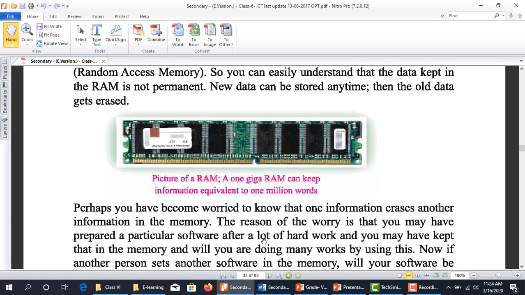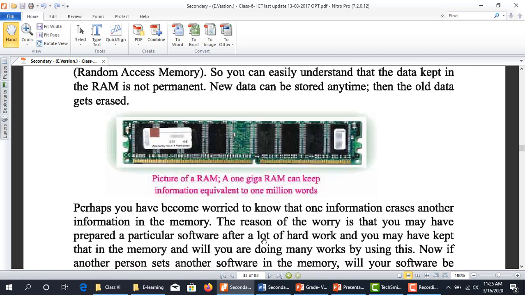RAM means random access memory. I'm telling you again, random access memory is a very temporary memory. It's not a fixed memory. When I have some inputs, they come into the process, and it needs memory and a space to work.